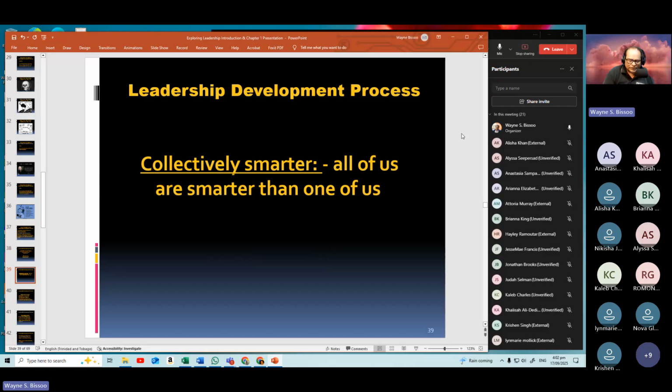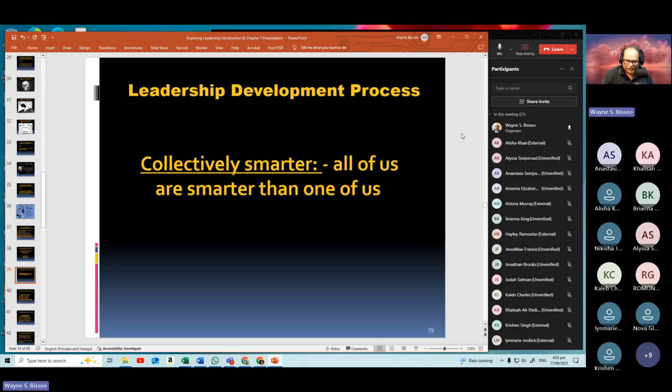So, collectively smarter means we recognize the fact that a group of us working on a problem is better than one person working on a problem. Why is that? That's because when you have more than one person working on a problem, you bring to bear the experience of all of those individuals. That might account for maybe 50 to 100 years worth of experience with a lot of other positions, perspectives, points of view, training, and experiences, all bringing to bear on the same problem.